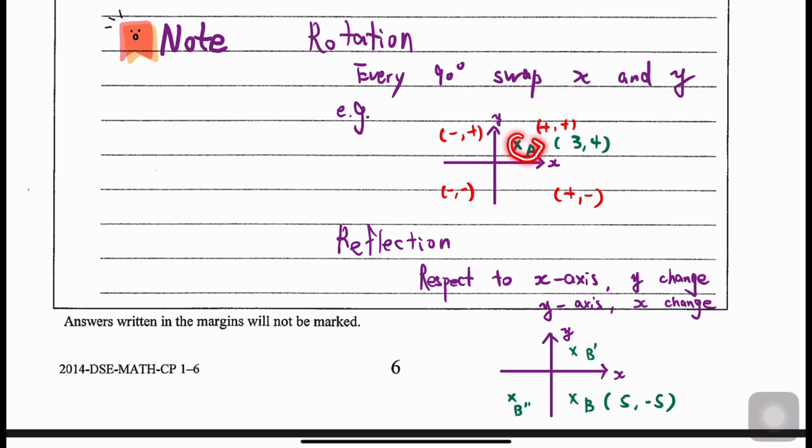If we have a point A here, the coordinate is 3, 4, and it rotates 90 degrees to here, it should be 4, 3. So for the first 90 degrees you swap the x and y coordinate, and then you write the coordinate according to that quadrant. This one is anti-clockwise to the second quadrant, so it should be negative, positive.